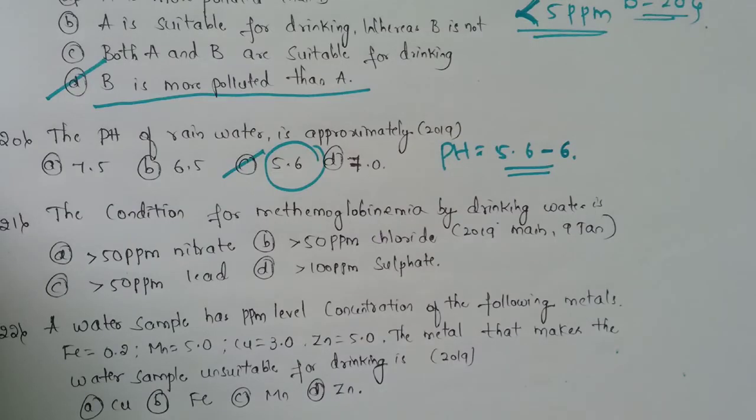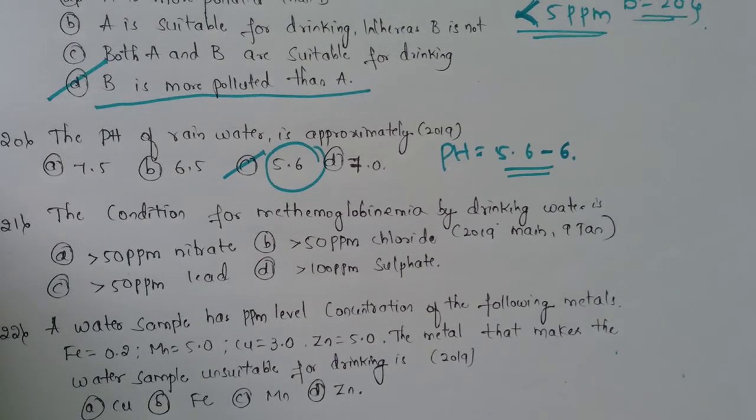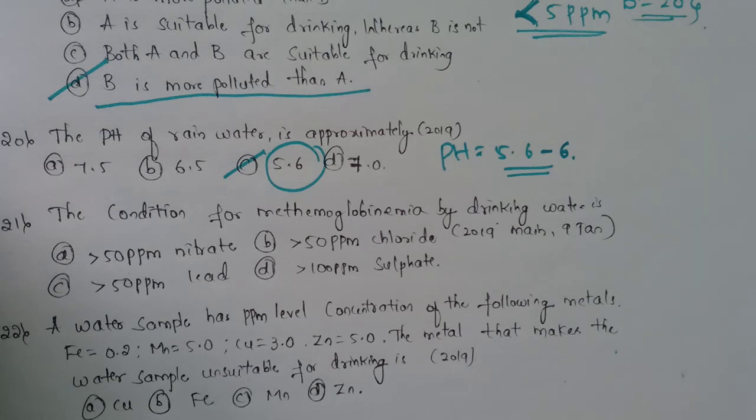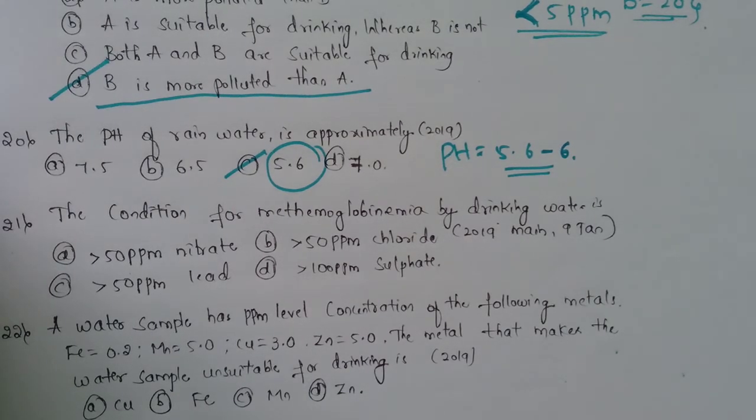The 21st question is, the condition for methemoglobinemia by drinking water is: option A, more than 50 ppm nitrate; option B, more than 50 ppm chloride; option C, more than 50 ppm lead; and option D, more than 100 ppm sulfate. So according to EEC, that is European Environment Commission, an excess of NO3 minus, that is more than 50 ppm in drinking water, may cause methemoglobinemia.